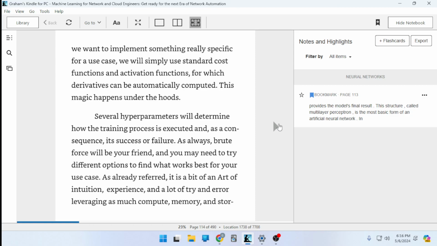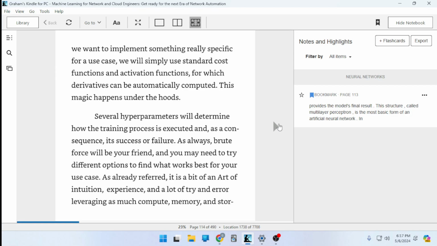Several hyperparameters will determine how the training process is executed, and as a consequence, its success or failure. As always, brute force will be your friend, and you may need to try different options to find what works best for your use case.